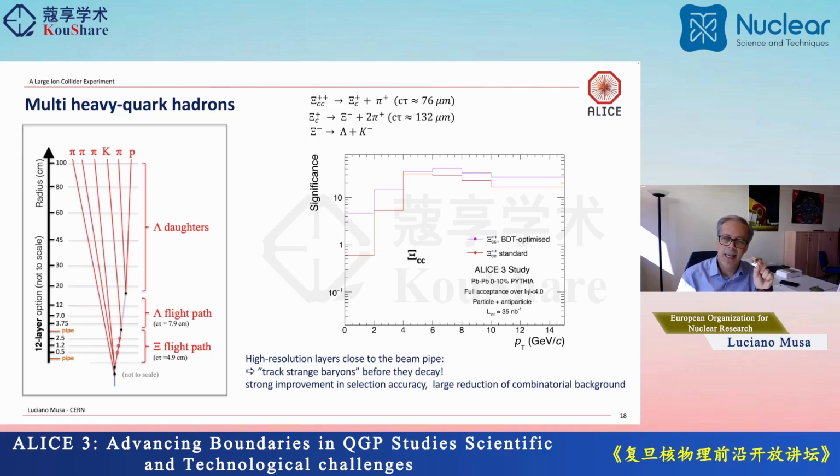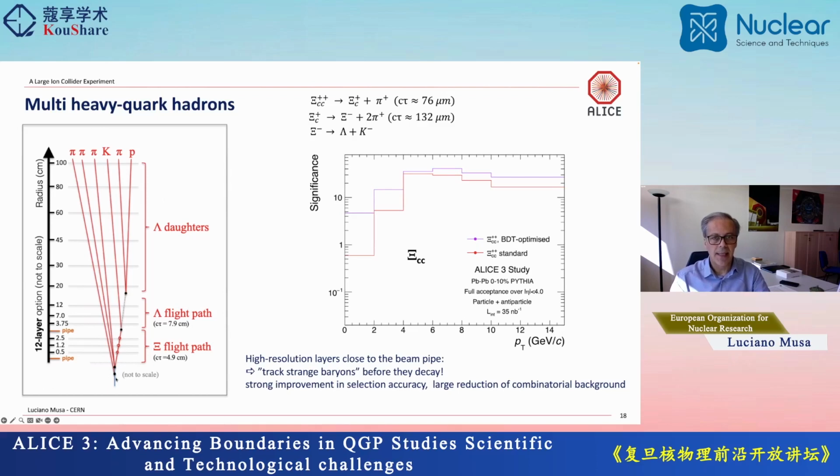One of the crucial aspects of this measurement is really the ability of the detector to actually reconstruct or have a direct measurement of the strange baryons involved in the decay chain.